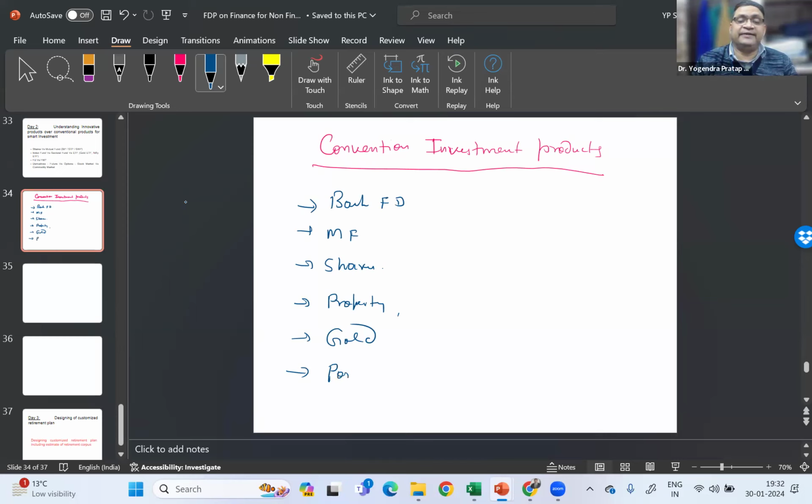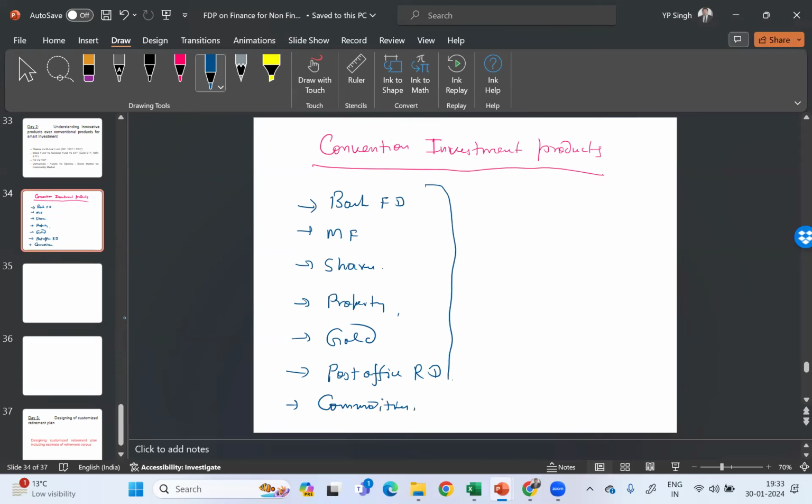Then you will say post office RD. Then any other products, commodities, right? Real estate, sir? I've covered this, property or real estate.